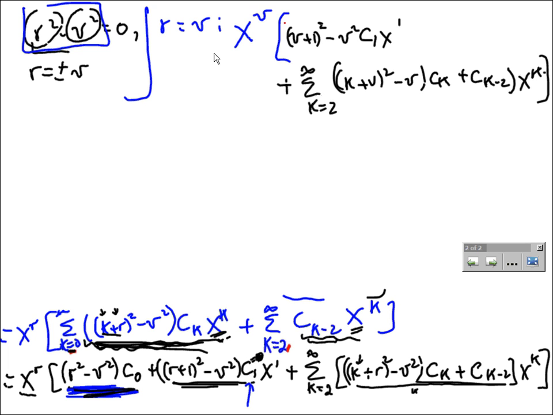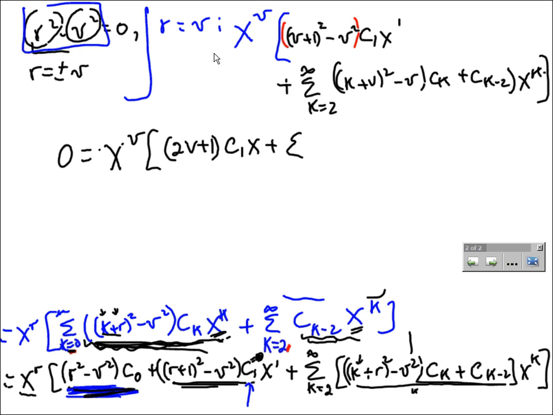Now, let us look at what should have been put in that bracket. So v plus 1 squared is v squared plus 2v plus 1, minus the v squared. So what's in the red is just 2v plus 1. So we get 0 is equal to x to the v times 2v plus 1 c1 x to the 1 plus the summation.